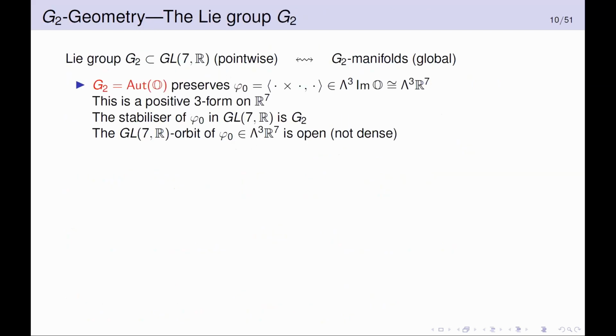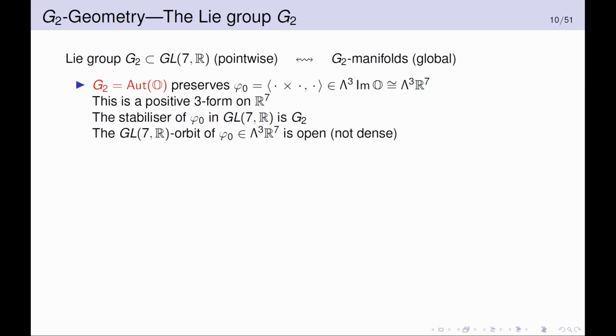Okay. So now coming from a different direction, I don't know how you imagine the group G2, but for me it's the automorphism group of the octonions. And that means the imaginary octonions form an invariant 7-dimensional subspace. And that's the model that we are using for our G2 manifolds.